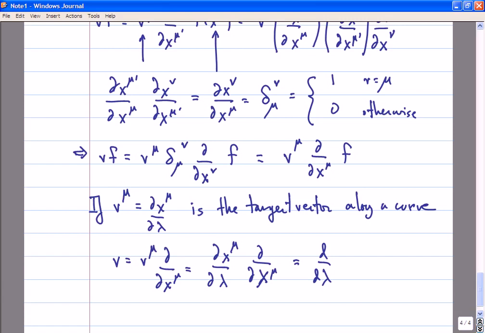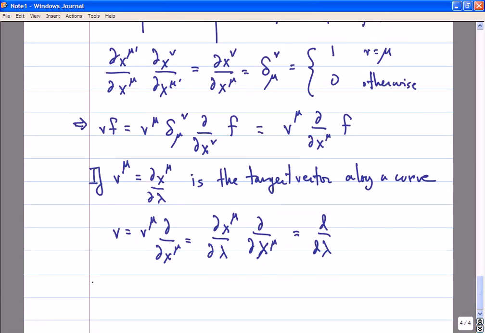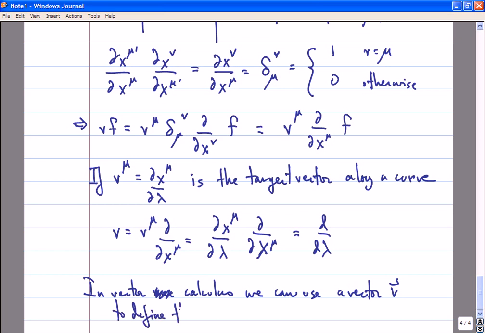Now, usually in your vector calculus classes, you didn't really think of vectors as differential operators. If you had, you would have associated, in vector calculus, we can use a vector v to define the differential operator which is v dotted into the gradient operator.